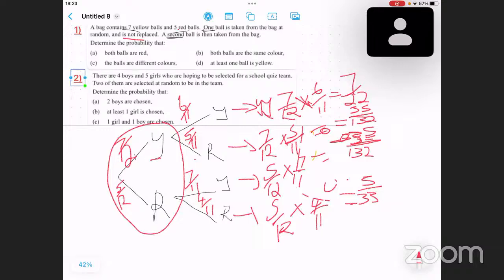Now they're asking you to determine the probability that both balls are red. Which one is representing red and red here? Is it the first one, the second one, third one, or the fourth one? It's the fourth one. That's correct.